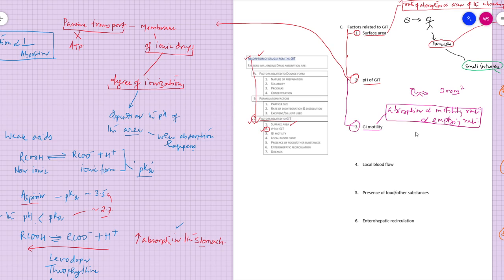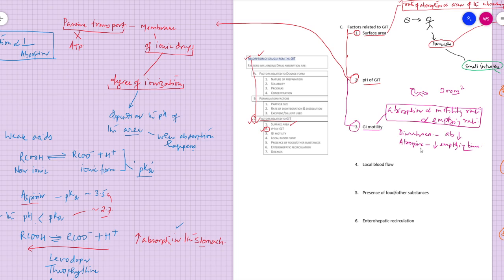Now, if there is a massive increase in motility, for example, diarrhea, then the absorption would be reduced. And if the emptying time is increased, for example, in the presence of drugs like atropine, okay? Atropine, what does it do? It decreases gastric emptying. As a result, less drug would reach the intestine.